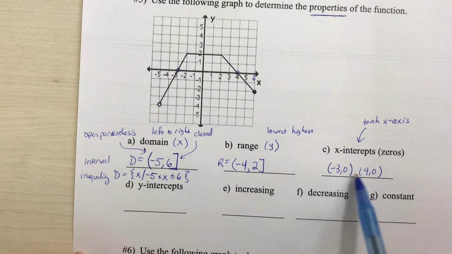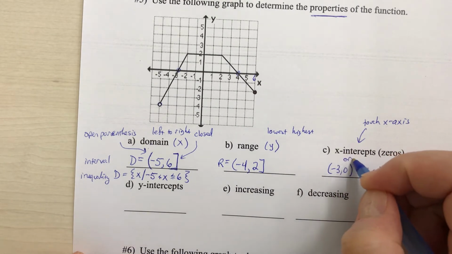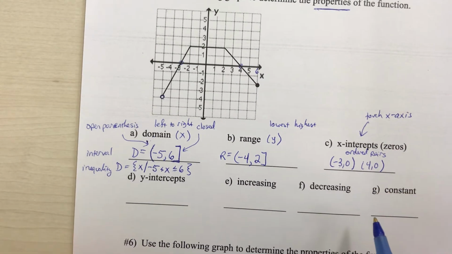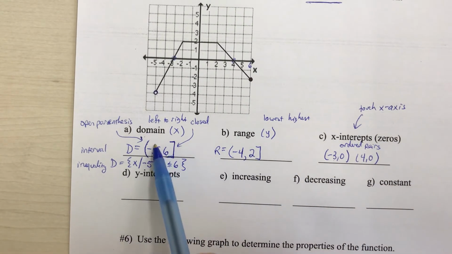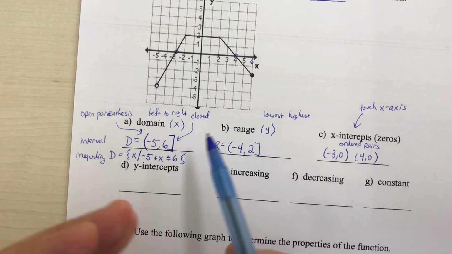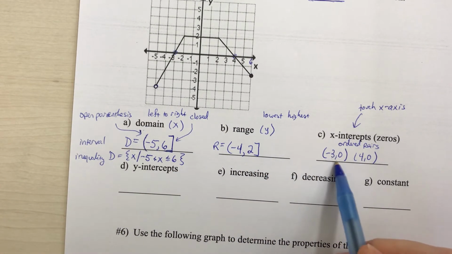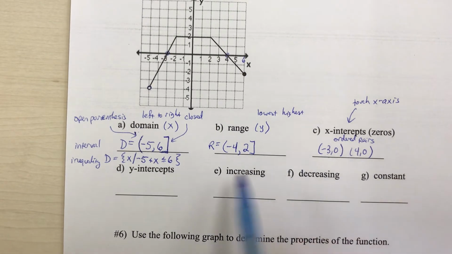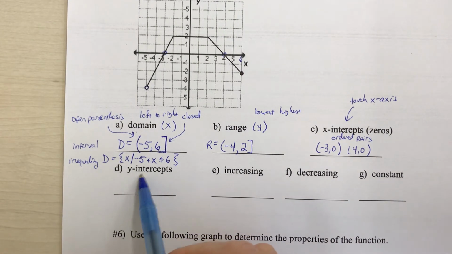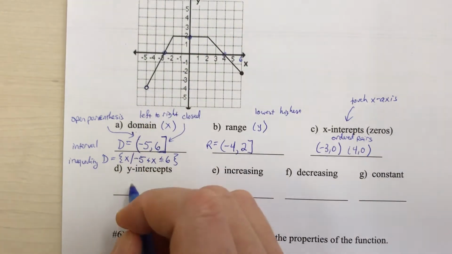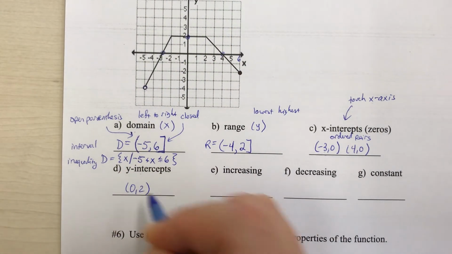Now notice, these are not intervals, these are ordered pairs. So we need to differentiate between, when it's domain or range, we're talking about a set of values. When we're talking intercepts, these are specific points. The y-intercepts are where we cross the y-axis. That's right here. It's 0, 2.